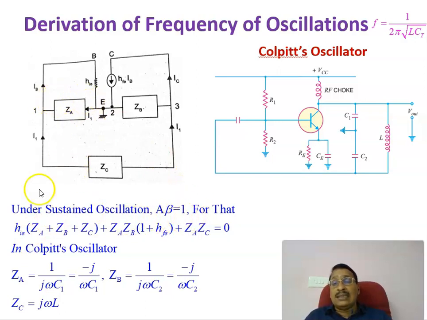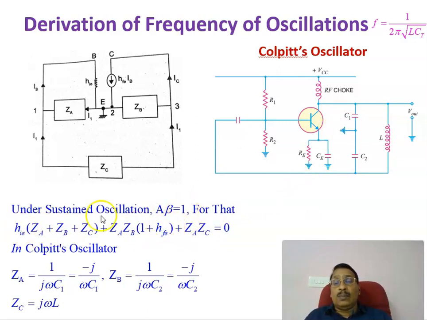The condition is that HIE into (ZA plus ZB plus ZC), plus ZA into ZB into (1 plus HFE), plus ZA into ZC, should be equal to 0. To get A beta equal to 1, this should be equal to 0.